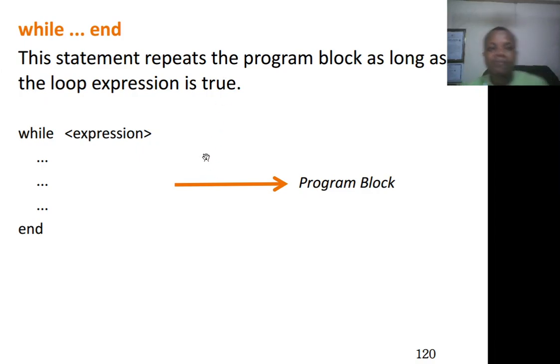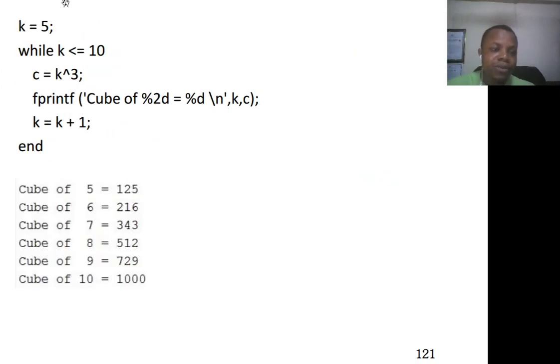And we also have the while loop. So this expression is just going to go through, as simple as that. In this case we have while k is less than 10, it should compute k raised to the power 3 and just compute what we have here.